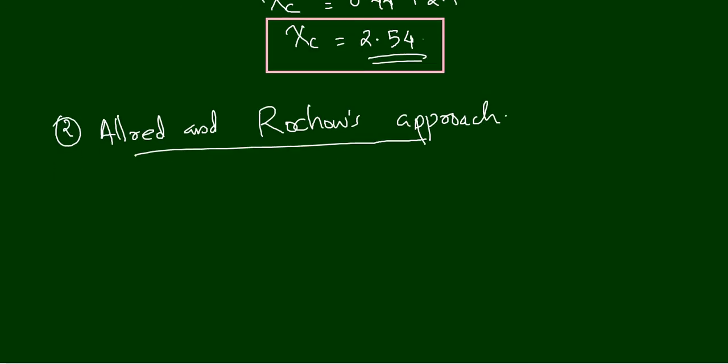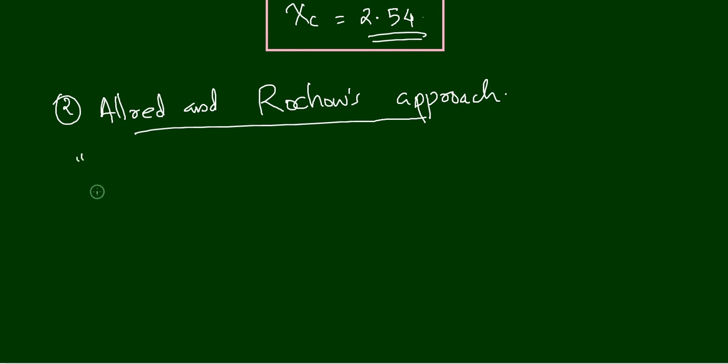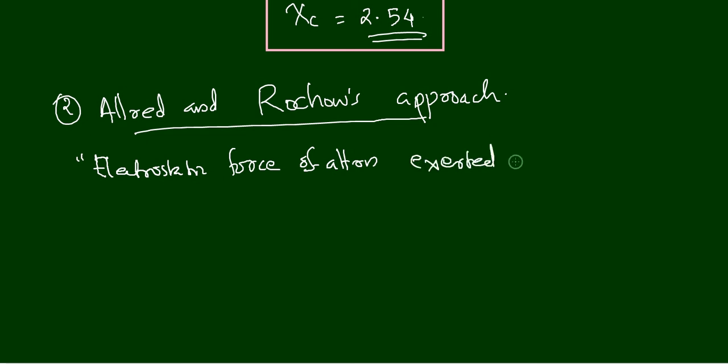Let me write it here. You can also write it down in your notebook. In this approach, Allred and Rochow considered the electronegativity as the electrostatic force of attraction exerted by the nucleus of an atom on the valence electrons.